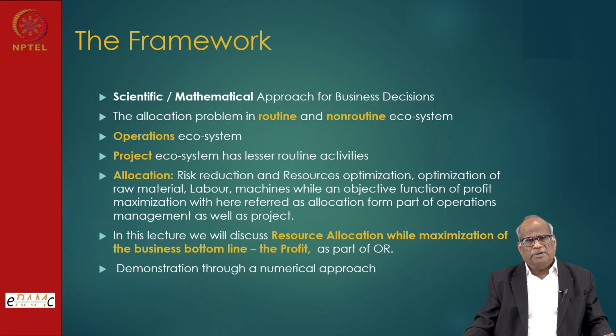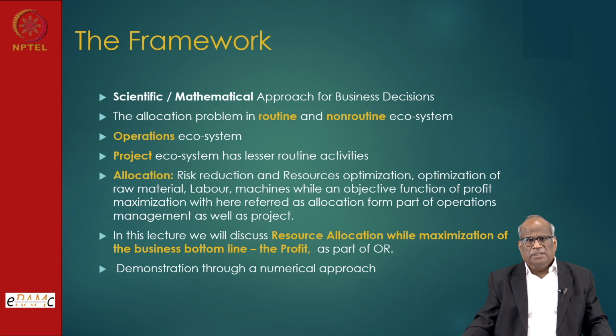If we apply OR to the project ecosystem, the lack of data and variable uncertainty will be more compared to the operations ecosystem, where the routine activities quotient is more compared to the non-routine activities.